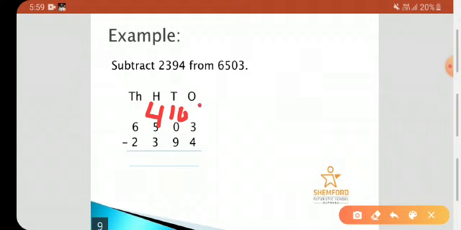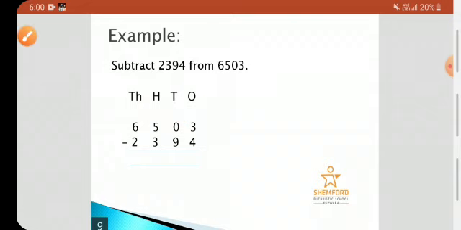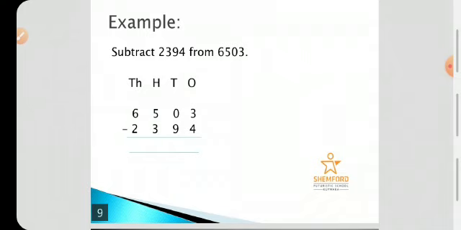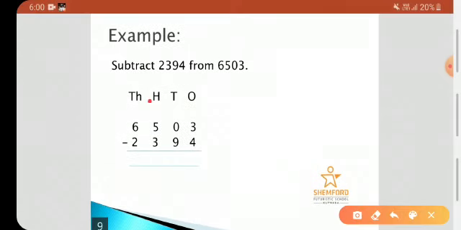Here first we will borrow 1 from tens, but there is 0. Then tens will borrow 1 from hundreds. It will remain 4. And when we borrow 1 from tens, it will remain 9. Here 13.